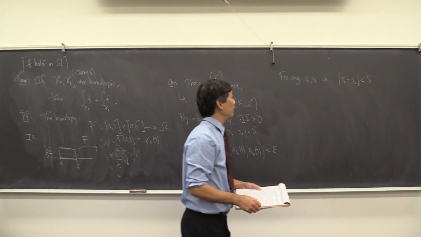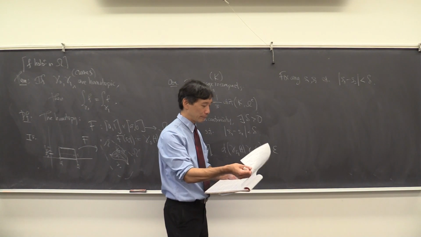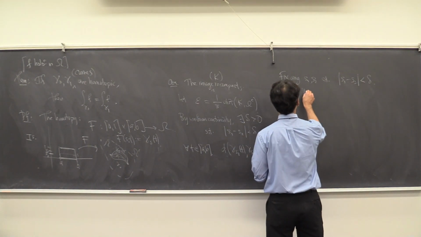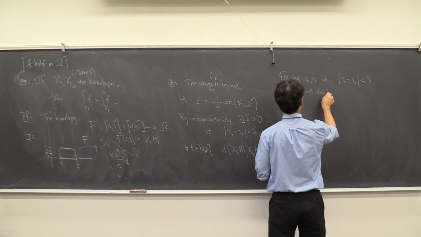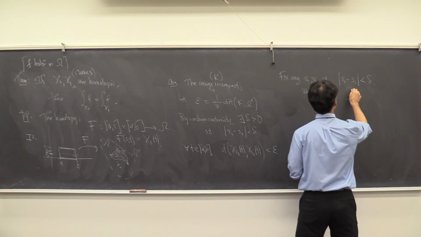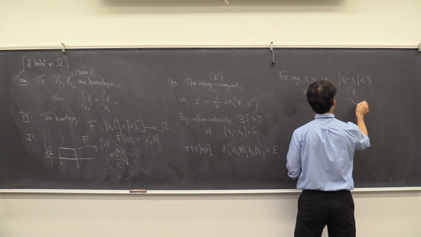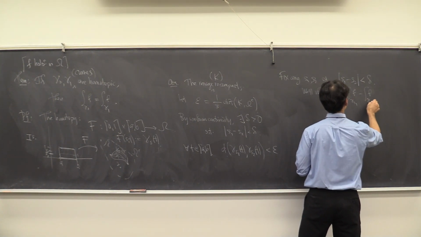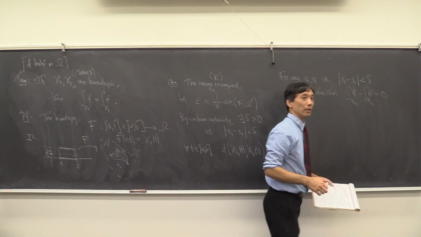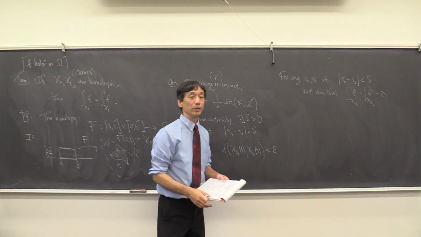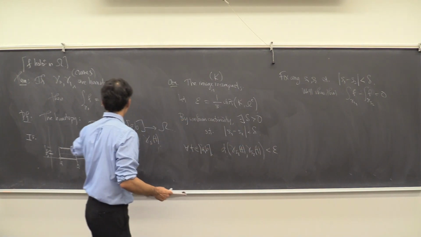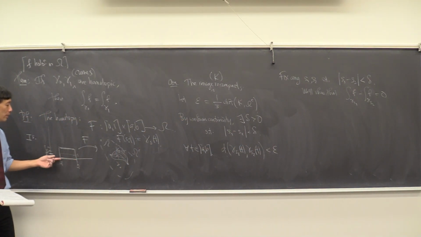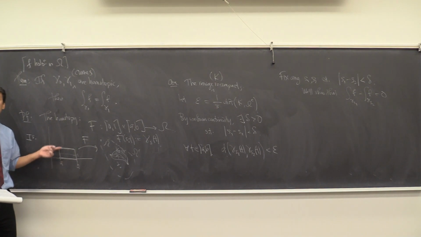What we'll show is that if you integrate f over gamma_s1 and over gamma_s2, the integrals are the same. And because we can go from gamma_0 to gamma_1 in a finite number of steps, they're all going to be the same.